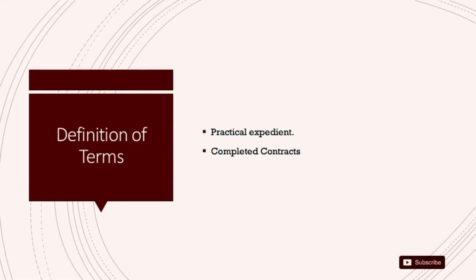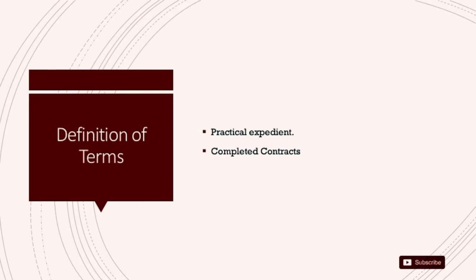Point 6: definition of certain terms. Now, we've already discussed something called practical expedient. Because the requirement under the standard is so huge that an entity may not be able to apply all of it, they have to be practical. So there are some exceptions provided by the IASB that you can use, you can have some liberty, you don't need to follow it strictly.